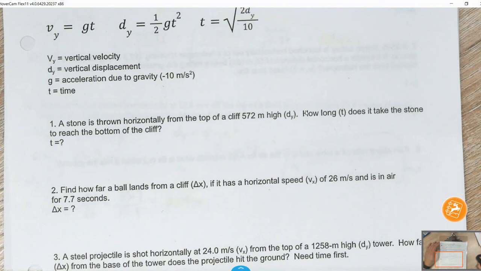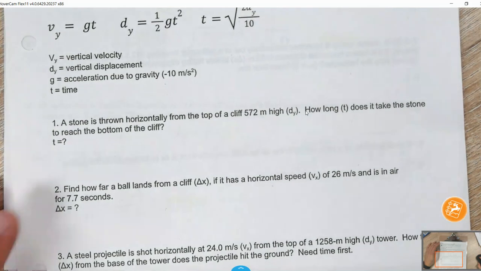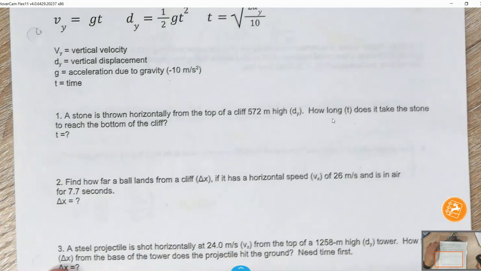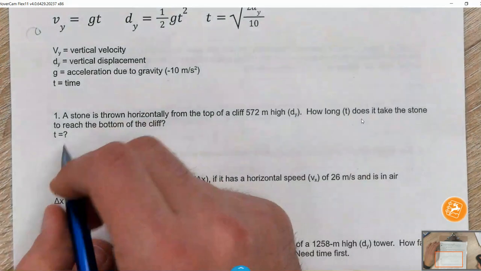How high is that? 572 meters high. How long does it take to reach the bottom of the cliff? This one's super quick because we don't have to find anything in the x, so this one should be pretty straightforward.